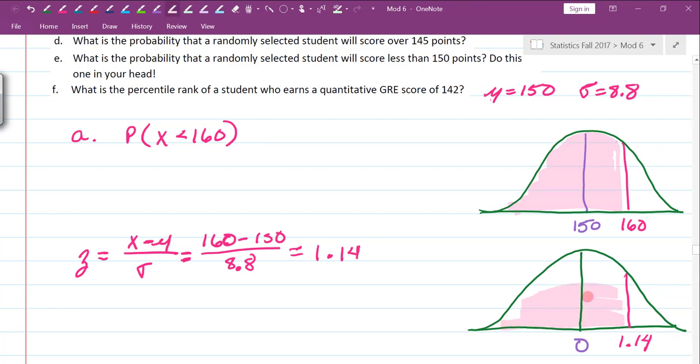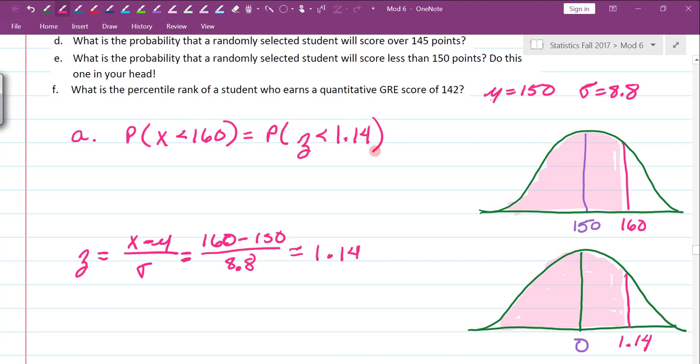We're going to shade the area of interest. And really what we have is that the probability that x is less than 160, because we've standardized this value right here, this is really the same thing as saying what's the probability that z is less than 1.14. Those are equivalent statements for this particular problem.